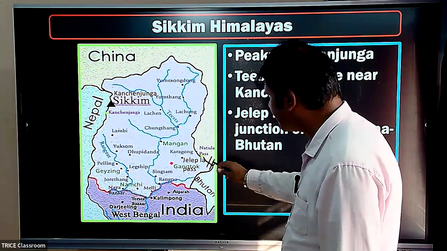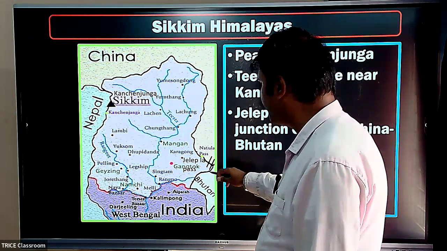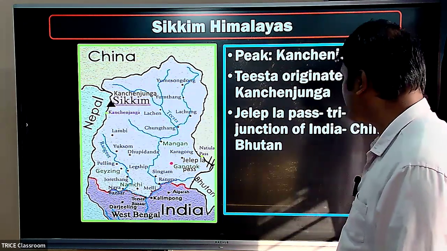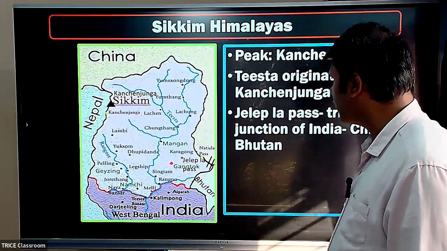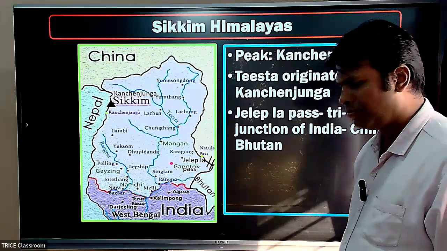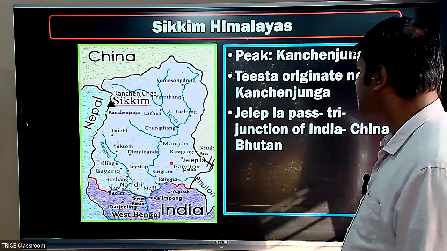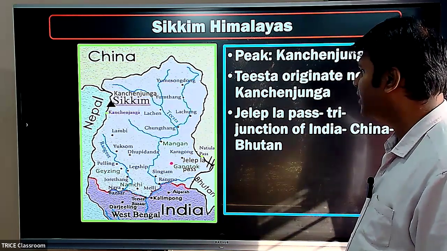So here you can see there is the Jelep La Pass, right? Jelep La Pass basically connects. It is in the tri-junction of India, China and Bhutan. Very important place, right? China is always trying to occupy more places from India. So with respect to that, Jelep La is a very important place for both India and China.